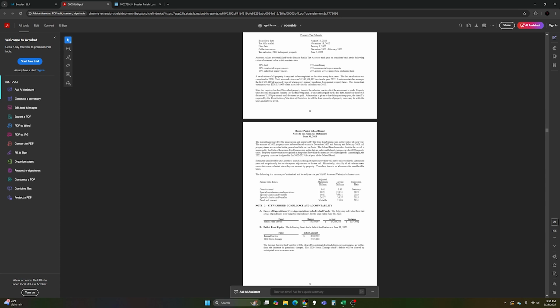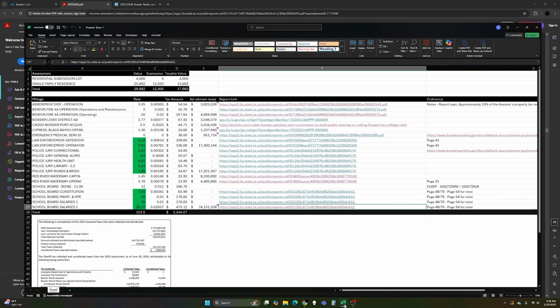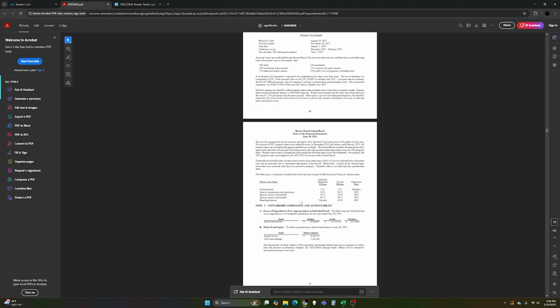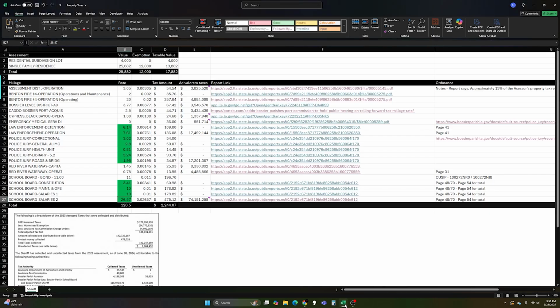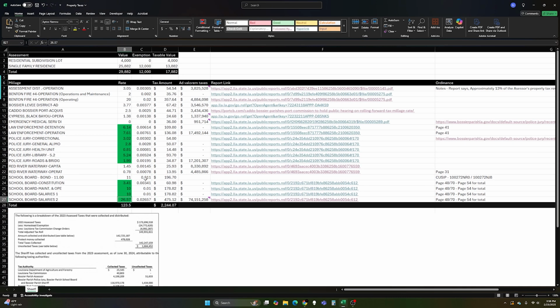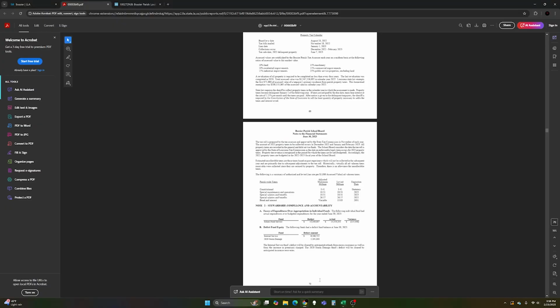Ours is only 10, so I don't know if they round down here. And that's the first salaries and benefits. The second salary benefit was 26.57, so that lines up. And I'm not sure where this bonds and interest one is levied. I don't know if this 13.83 is made up of this 11 right here. It kind of makes sense, but why doesn't it say 11?